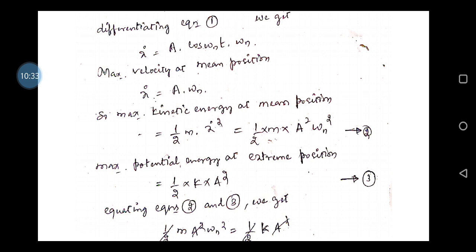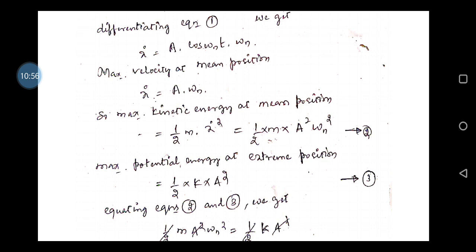So maximum kinetic energy at mean position is given by half into m into x dot square. If I substitute the value of x dot as A into omega n, which we have got after getting the maximum velocity, it is half into m into A square into omega n square.